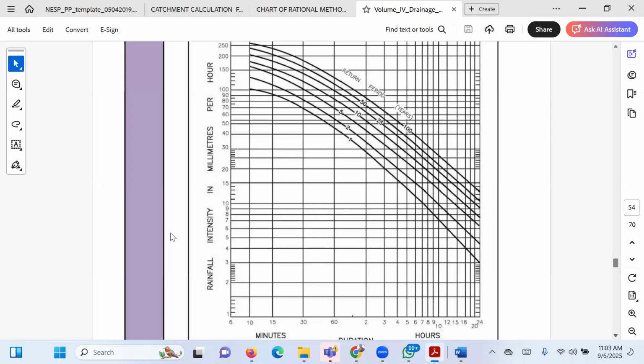For instance, now, look at Lagos. The rainfall intensity at a return period of 1 year is 100, at a return period of 5 years is 160, at 10 years is 180, and at 25 years is 200.